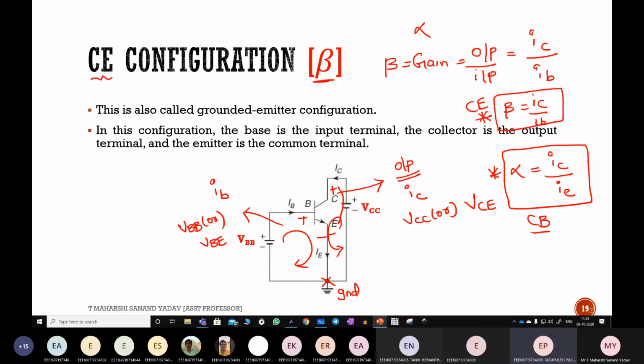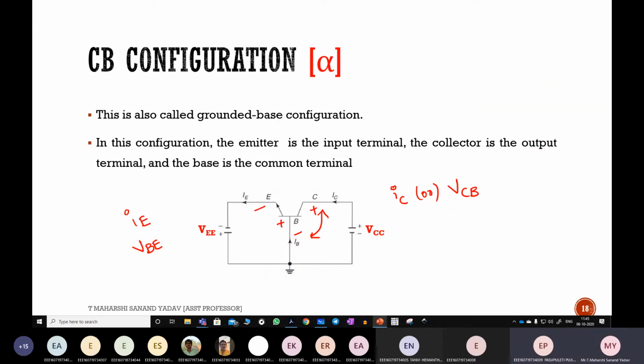Common base configuration, or common base amplification factor? Amplification factor. Okay, what is meant by amplification? Amplification is the output by input. Okay, what is output? Is it current or voltage? Current. What is the output current in case of CB?